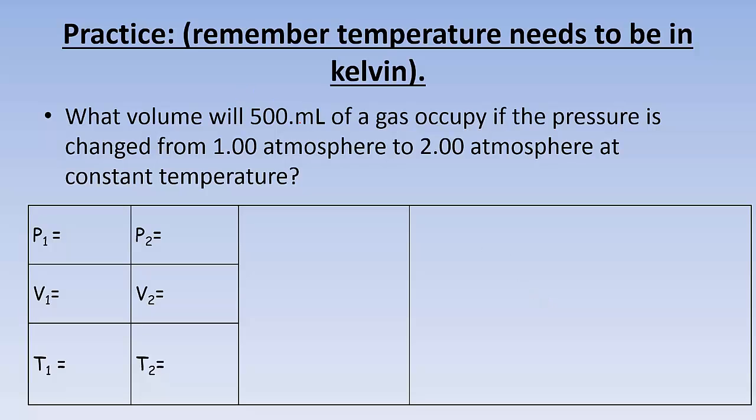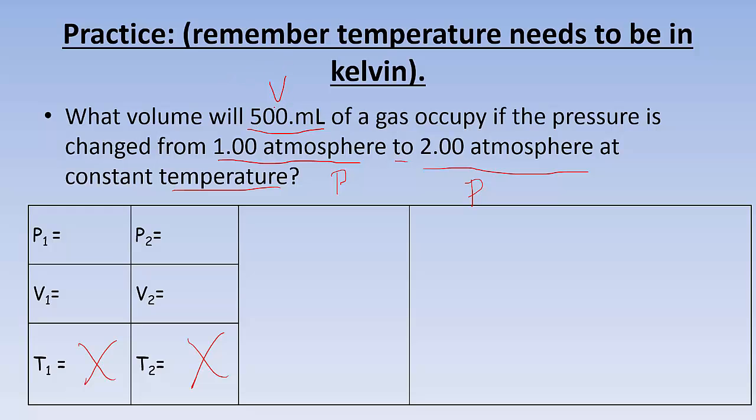It says what volume will 500 milliliters of gas occupy? All right, 500 milliliters, I know that's a volume. If the pressure is changed from 1 atmosphere, so I know that's a pressure, to 2 atmospheres, that's another pressure, at a constant temperature. So I know temperature drops out, I can cross it out. All right, well, let's figure out, is this V1 or V2?